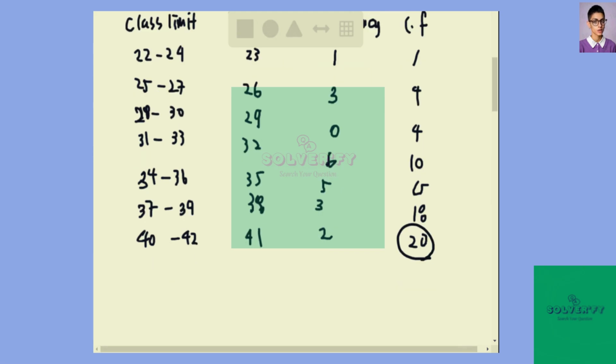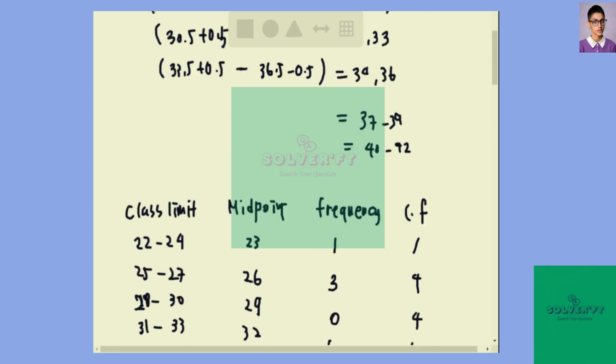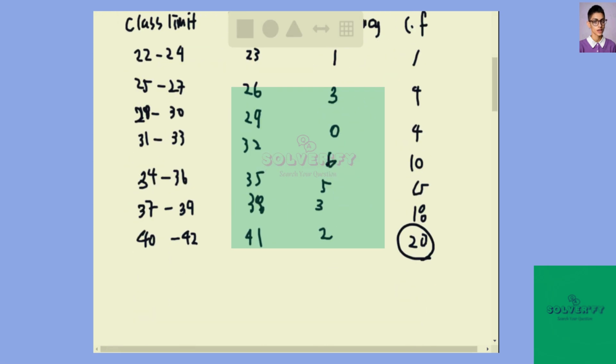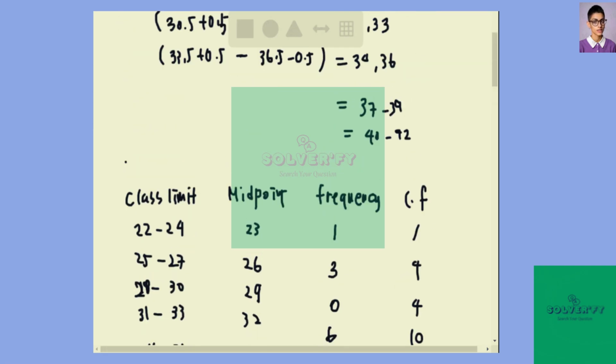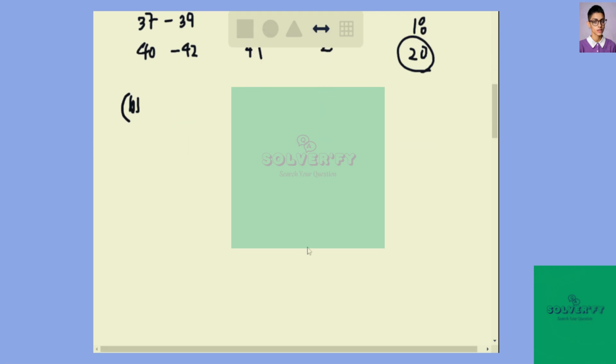Now we have this distribution over here, and we can easily construct the frequency polygon. So that was the answer for A, and for B, construct a frequency polygon. Let me draw.